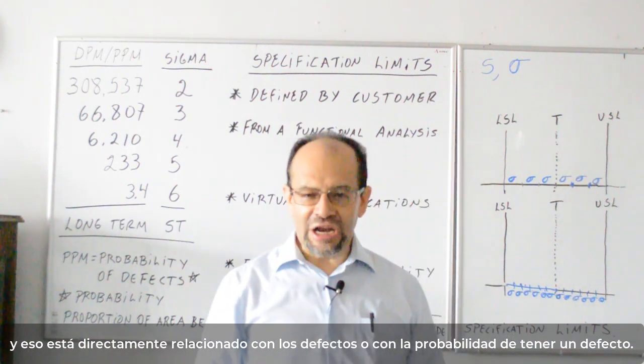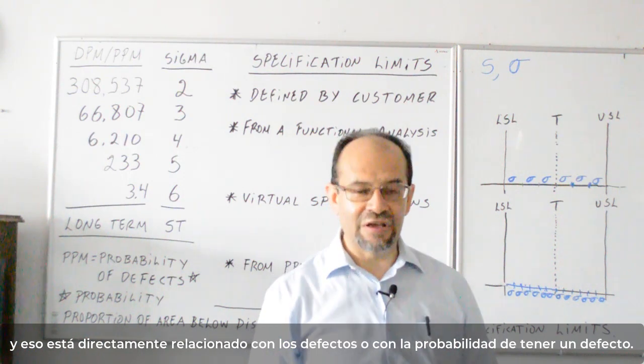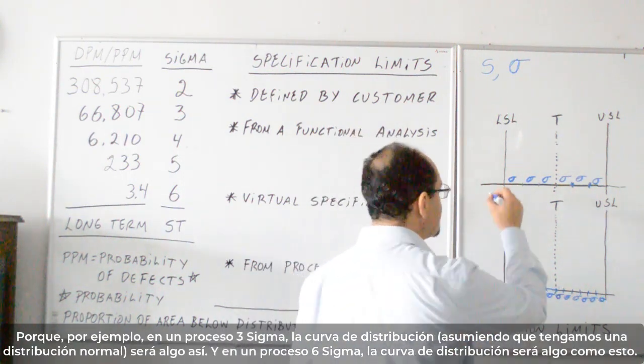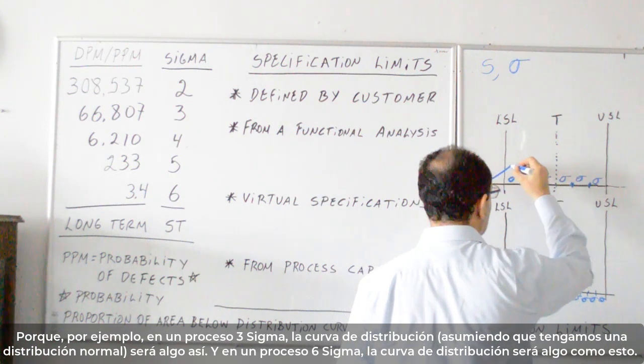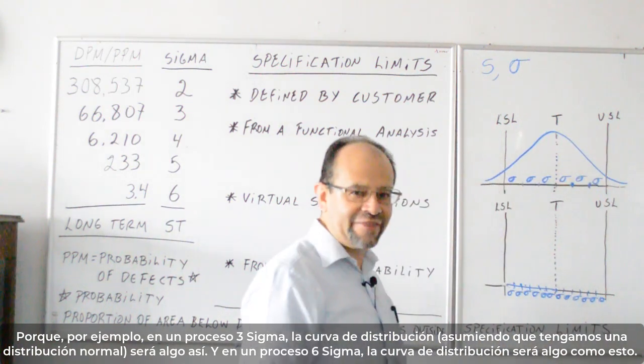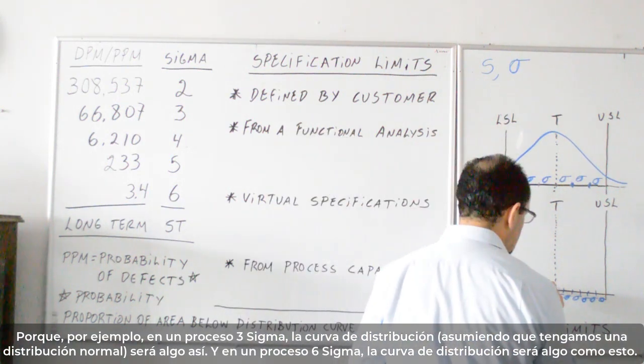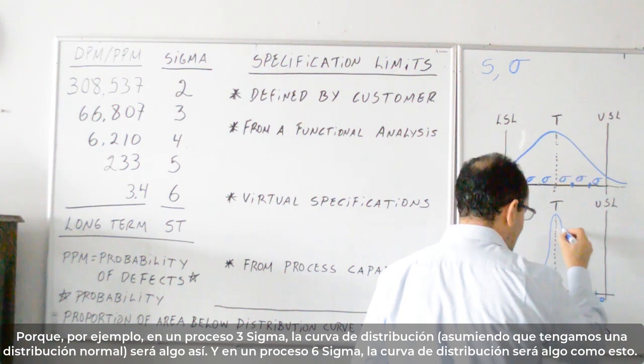That is closely related to the defects, to the probability of having a defect, because for instance, in a 3 sigma process, the distribution curve, assuming that we are having a normal distribution, will be something like that. And in a 6 sigma process, the distribution curve will be maybe something like that.